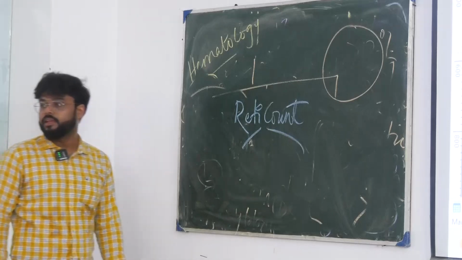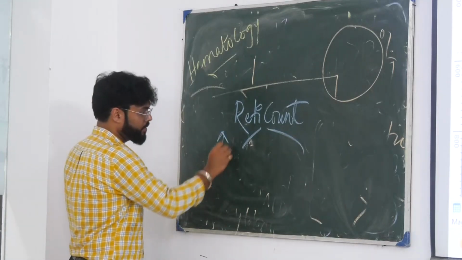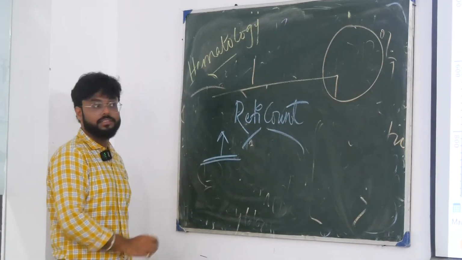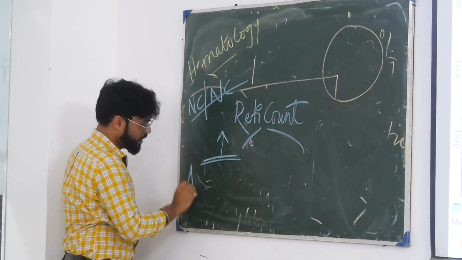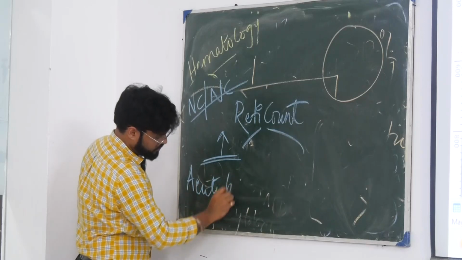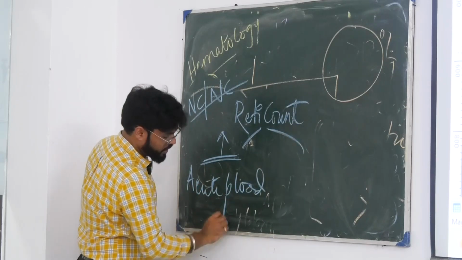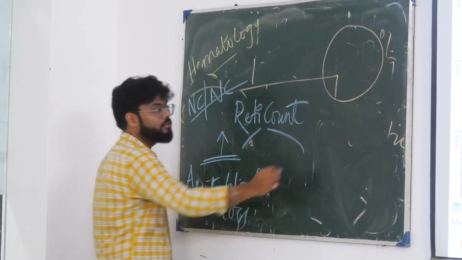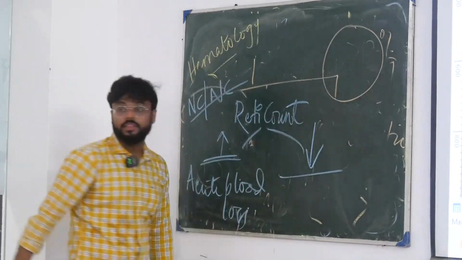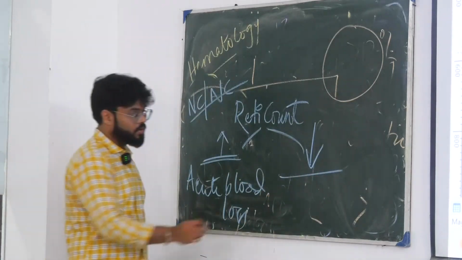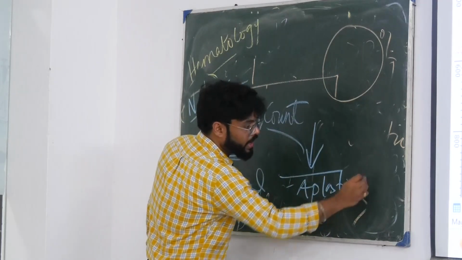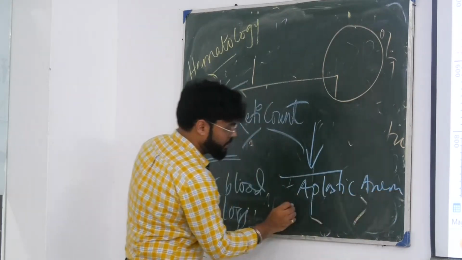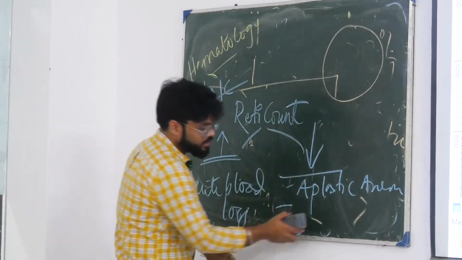If reti count is high, then the cause of normocytic normochromic is acute blood loss. And if reticulocyte count is low, there are important causes. One is aplastic anemia. Remember three at least.